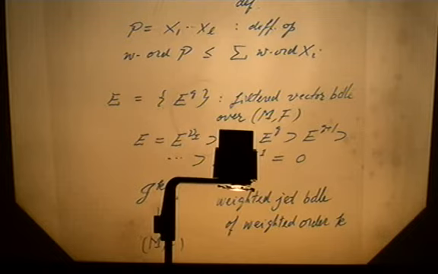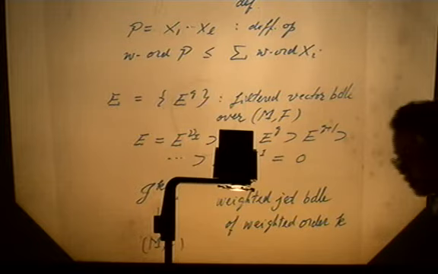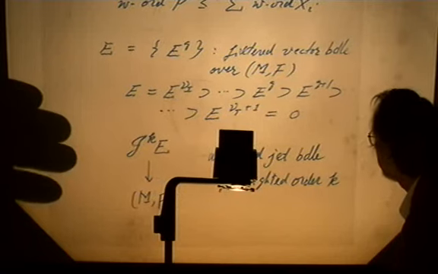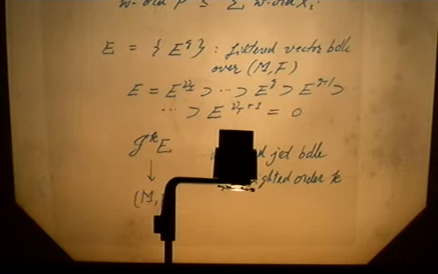Okay, so this notion of weighted order immediately gives rise to the notion of weighted jet bundle on the filtered manifold. Okay, if we are given a vector bundle on a filtered manifold M, F, I prefer E to be filtered.